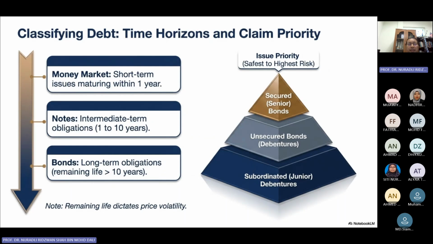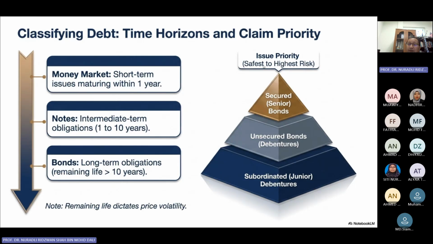Then we have the secured bond, which means it's backed by assets or backed by mortgage. This is less risky because if the business is not doing well, you still have the asset to pay the bondholders. Then you have the unsecured bond, which we call debentures. Then we have subordinate debentures, which we call junior, and senior.